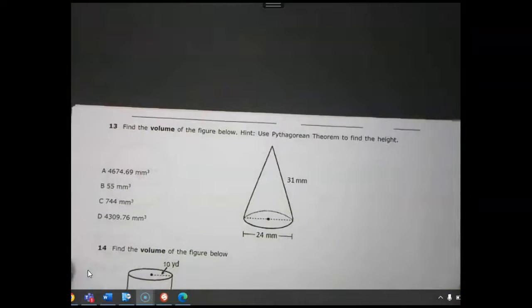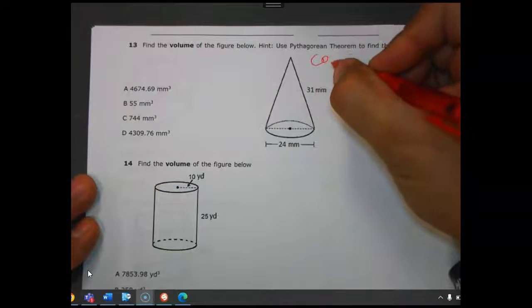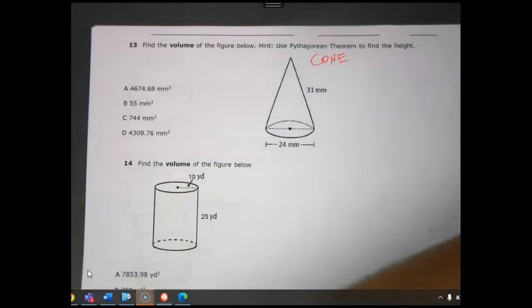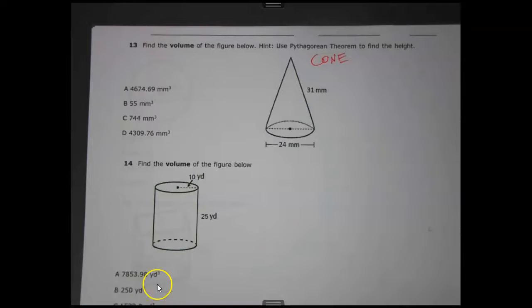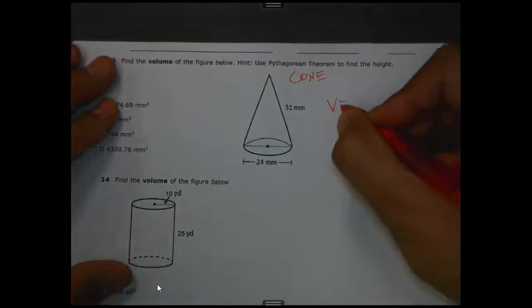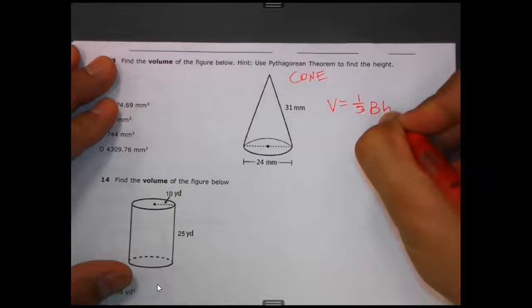All right, number 13, volume of a cone. How do you find volume of a cone? So volume of a cone is 1/3 BH as well. So volume equals 1/3 big BH. Now here's the thing.